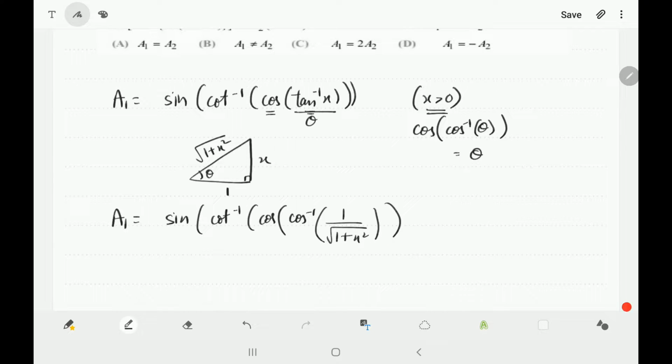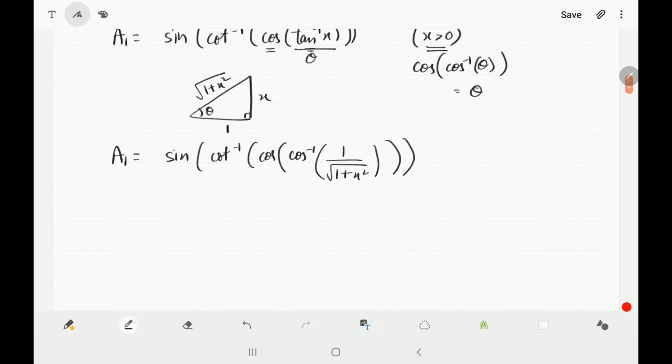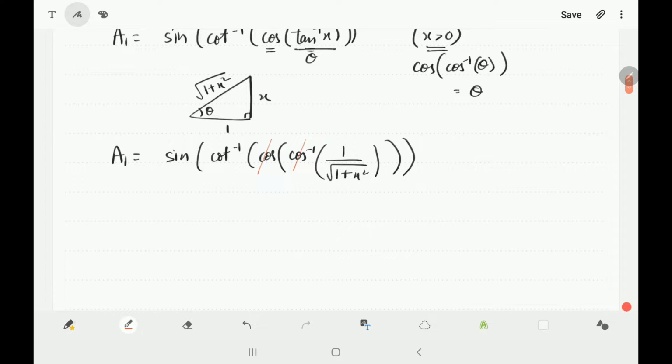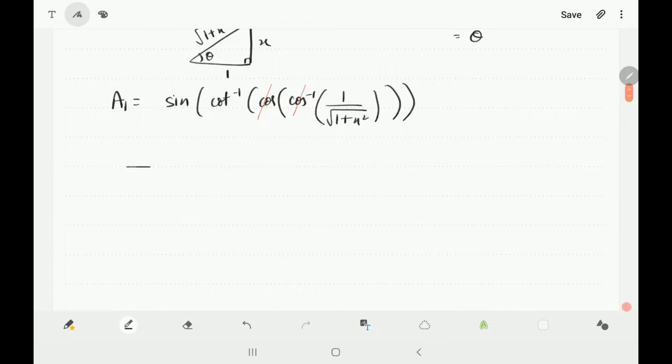Is this clear? Now cos will cancel cos inverse, so you will be left with a1 is equal to sine of cot inverse under root of 1 plus x square.